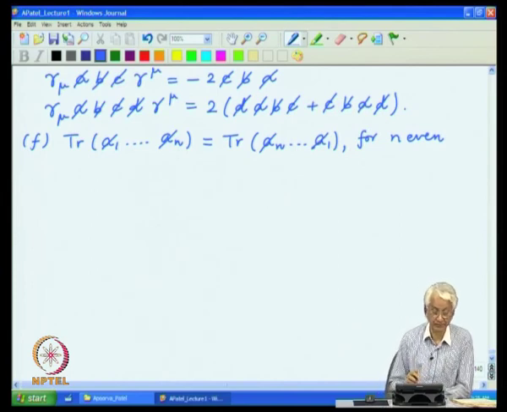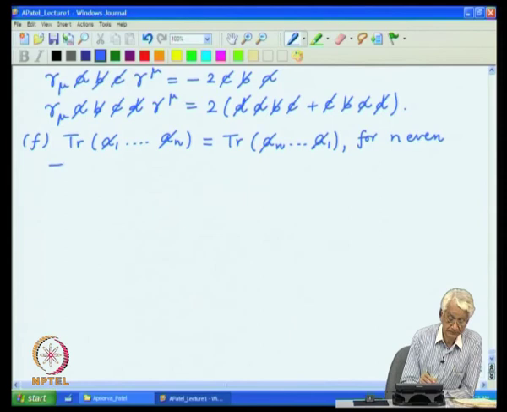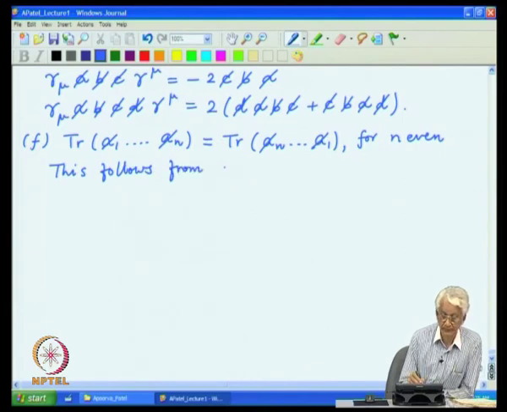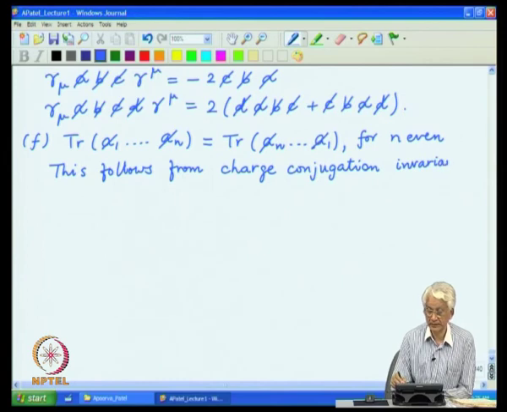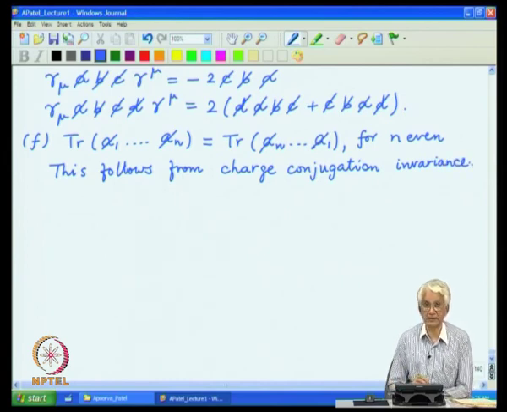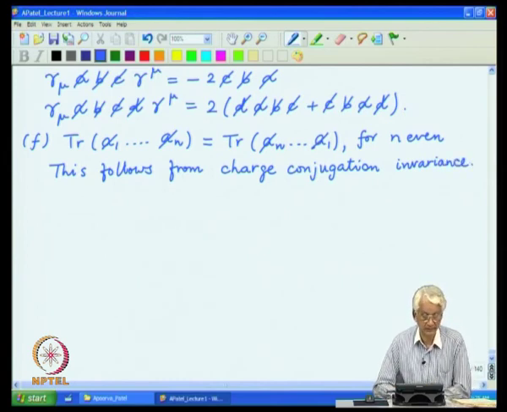This property follows from charge conjugation invariance of the electromagnetic interactions that we have seen before.